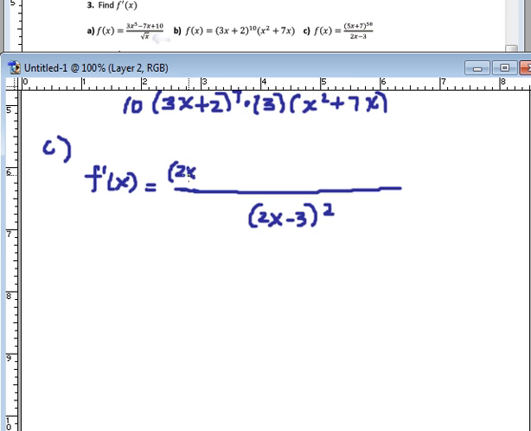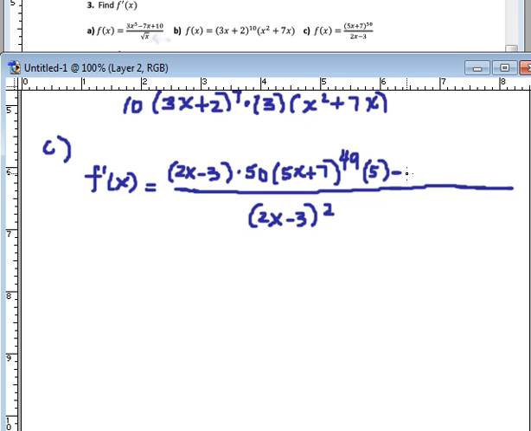Okay, so the numerator starts with 2x minus 3 times the derivative of this top function. So we need to do a little chain rule there, bring down the 50. (5x plus 7) to the 49 times the derivative of the inner function, that's times 5.